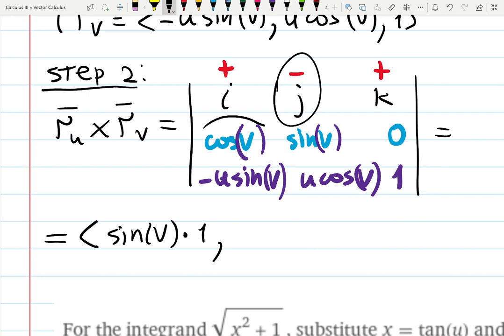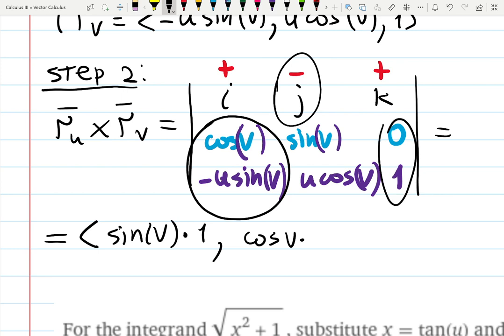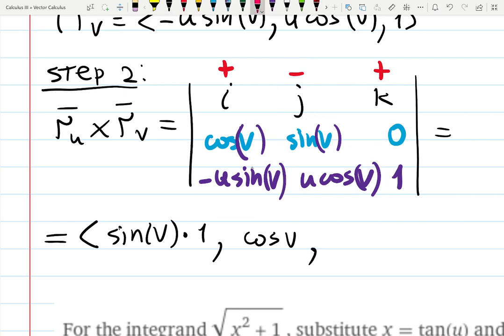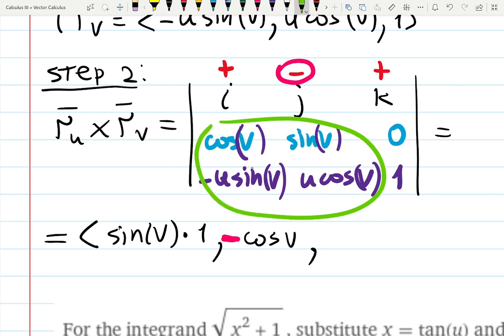So let's see, cosine v times 1 minus times 0. So I will skip it. Yes, no? Negative. Good job. Thank you for noticing that. Negative. Finally, the last one. This one. K component actually will not have zeros, unfortunately.